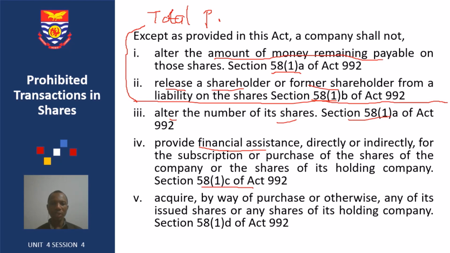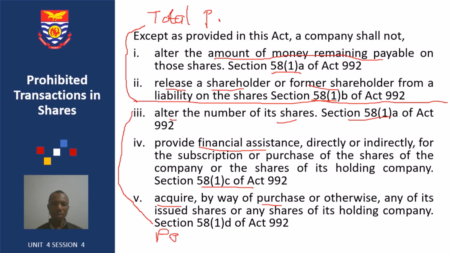Another prohibition is that a company shall not acquire by way of purchase or otherwise issue of shares of any of its holding companies. So the law also prohibits a company from acquiring its own shares or the shares of its holding company. So these three are partial prohibitions.